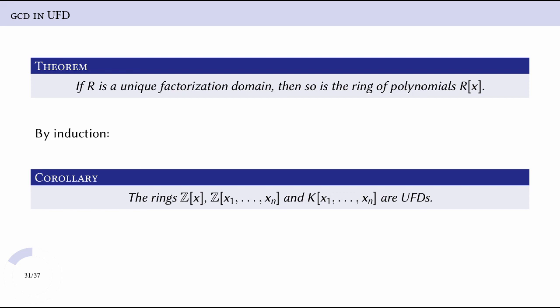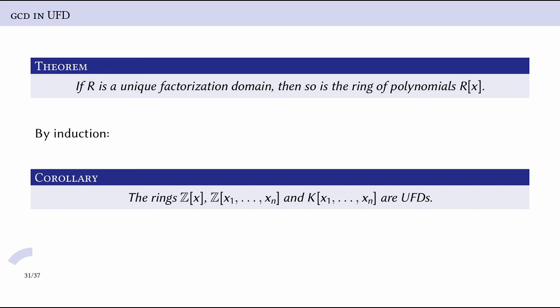By a simple induction, this means that the greatest common divisors exist in the ring of polynomials over integers, even in the ring of multivariate polynomials over integers, as well as in the ring of multivariate polynomials over a field. All of these rings are unique factorization domains, and so the greatest common divisor exists there.